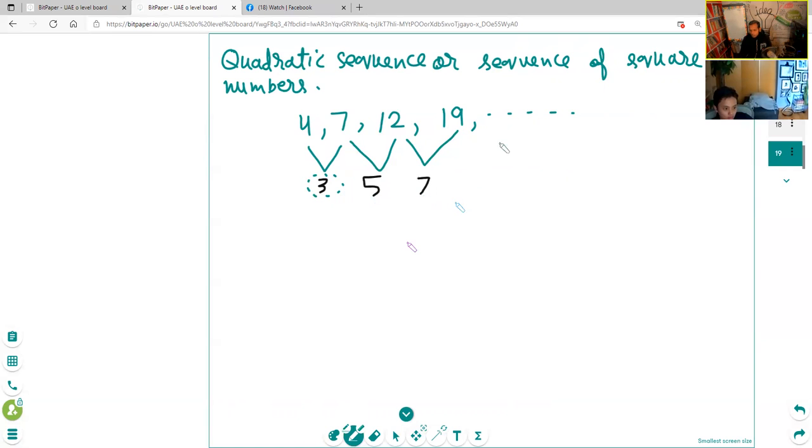These are the first differences. You should again take the difference of the differences. Understand, in a quadratic sequence, the first differences are not the same, but the second differences are the same.